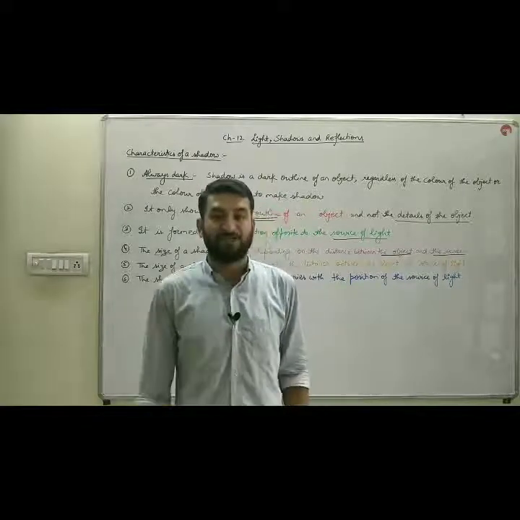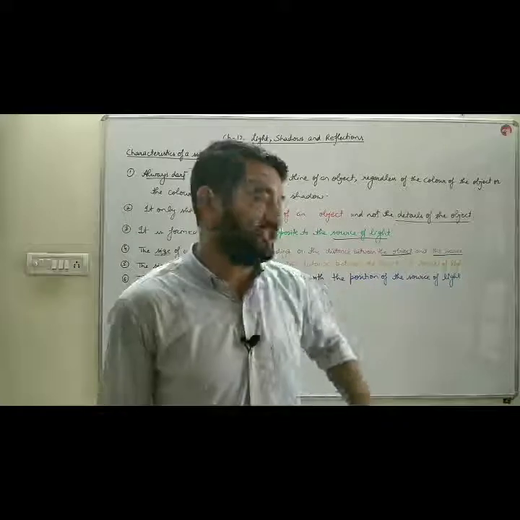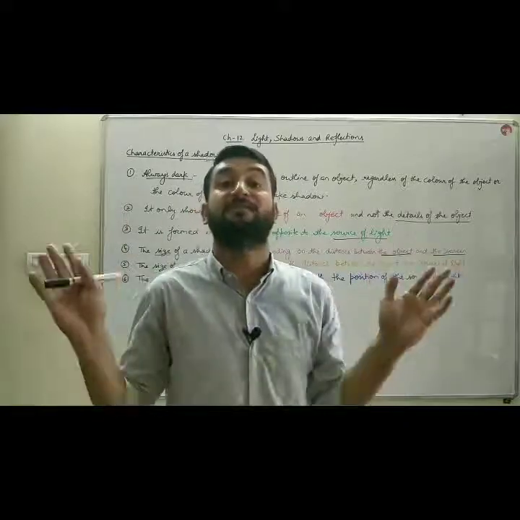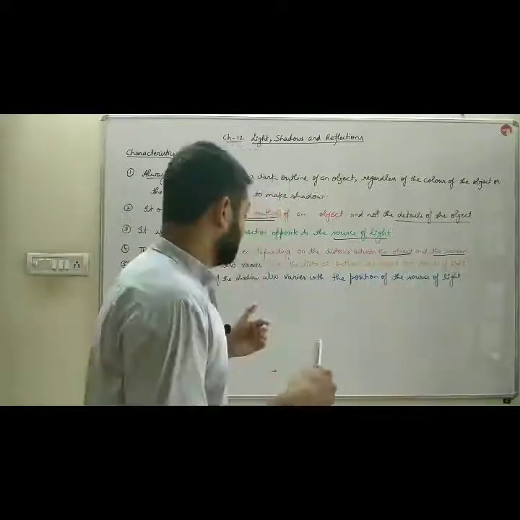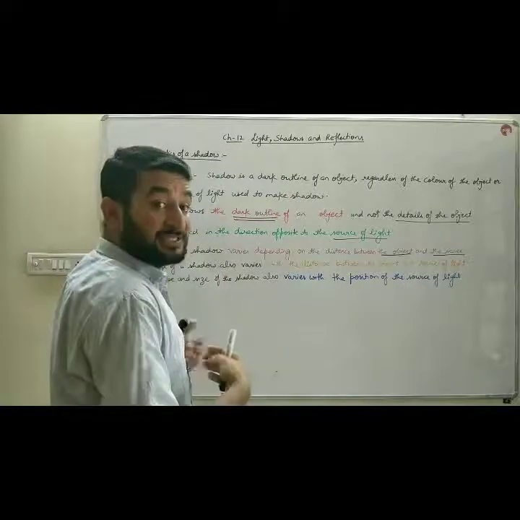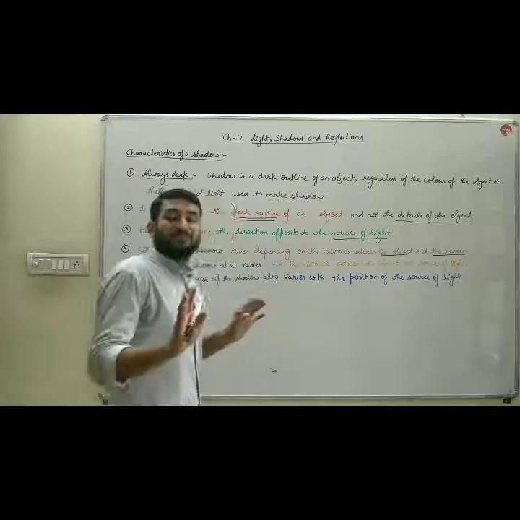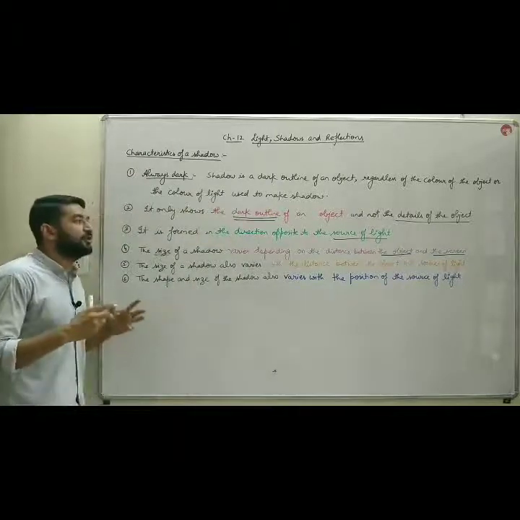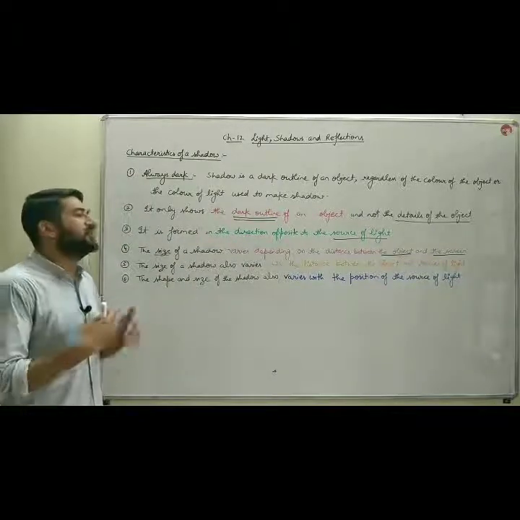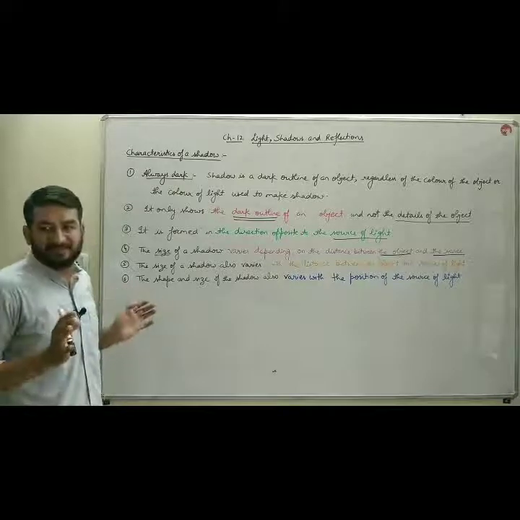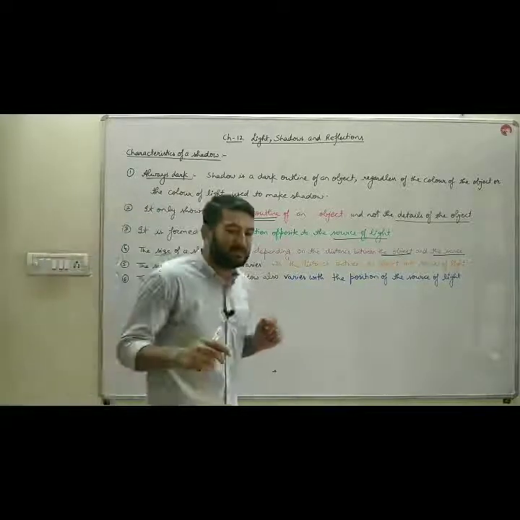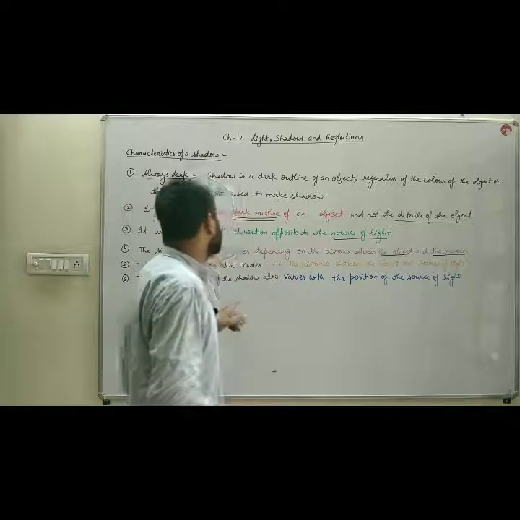And if I come ahead towards the source of light, then the size of the shadow increases. So the size depends on the distance between the object and the screen.